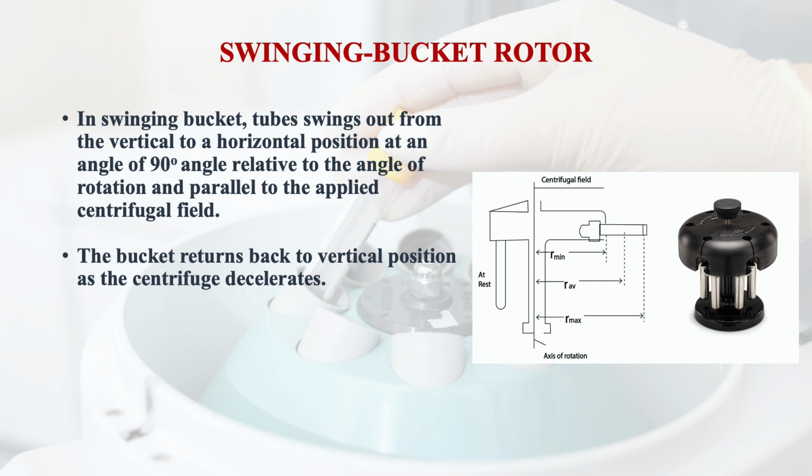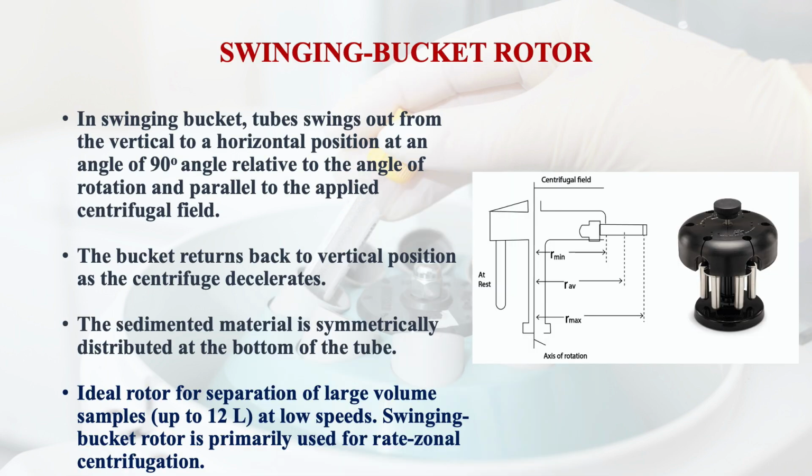The bucket returns to the vertical position when centrifugation is completed. This rotor is very useful for the separation of large sample volumes, up to 12 liters at low speed, and is basically used for rate zonal centrifugation.